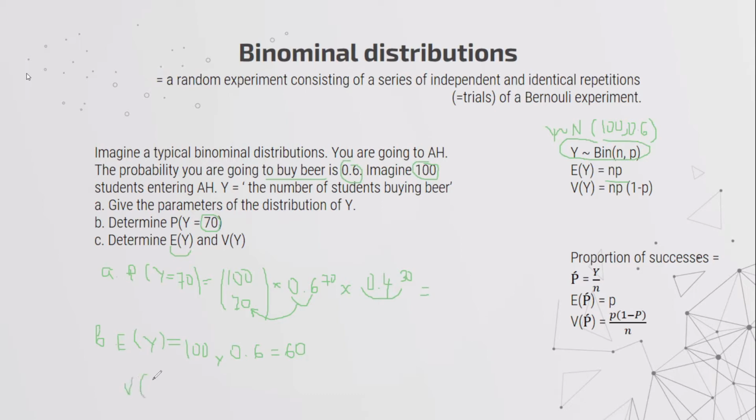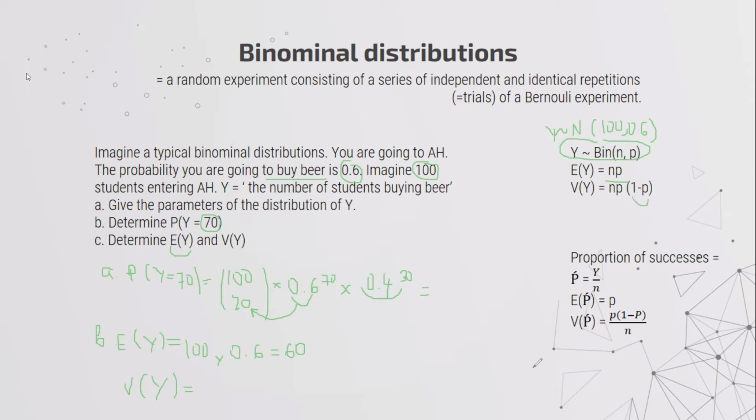Then, if we have to calculate the variance of Y, I'm sorry, that's Y, not X. We have to use, again, only n and p, but this time, for the variance, we have to take into consideration the probability of having a failure, which is 1 minus p.